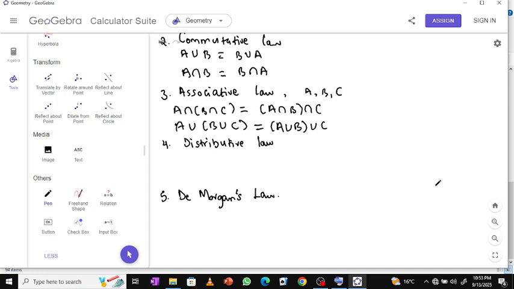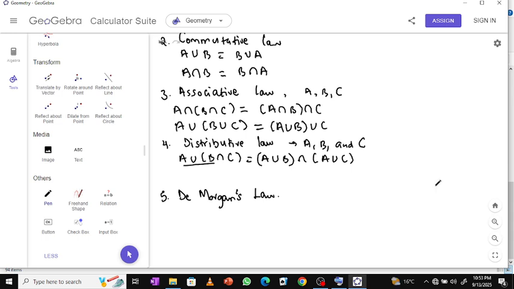Distributive, as the name states, it distributes. So we have 3 sets, A, B, and set C. Then A union B intersection C is the same as A union B in brackets, intersection A union C. You see, it has distributed.